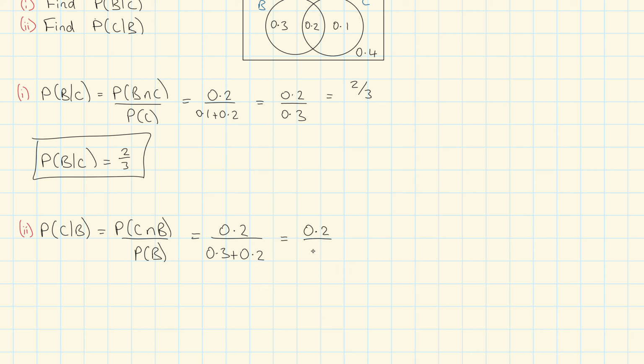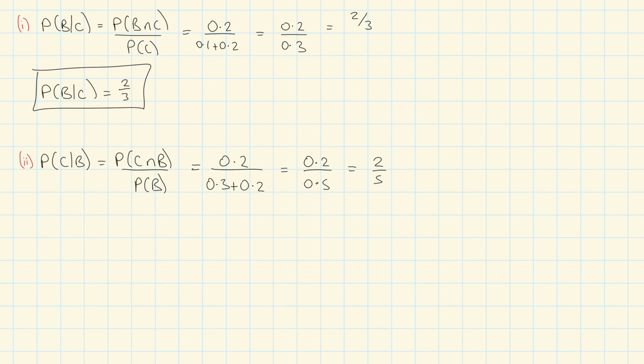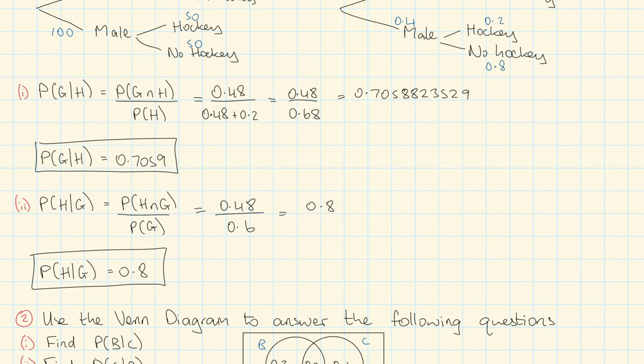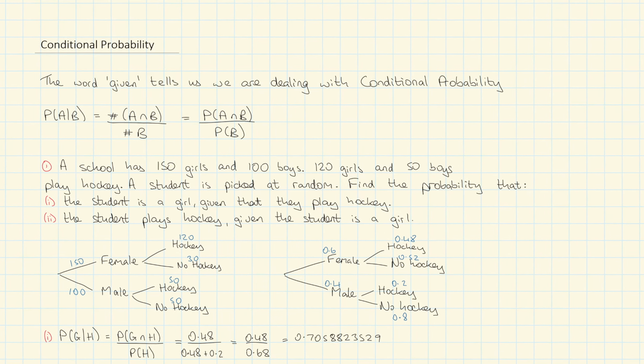So we get 0.2 over 0.5, which gives me 2/5. We can leave it as a fraction or a decimal 0.4. Seeing as we did part 1 as a fraction, we'll keep part 2 as a fraction also. Again, state exams usually tend to specify the answer format. Okay, so that's the video done for the examples for conditional probability.